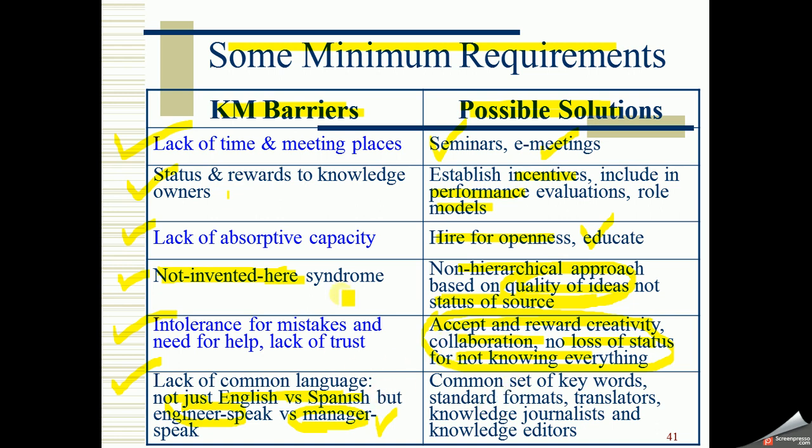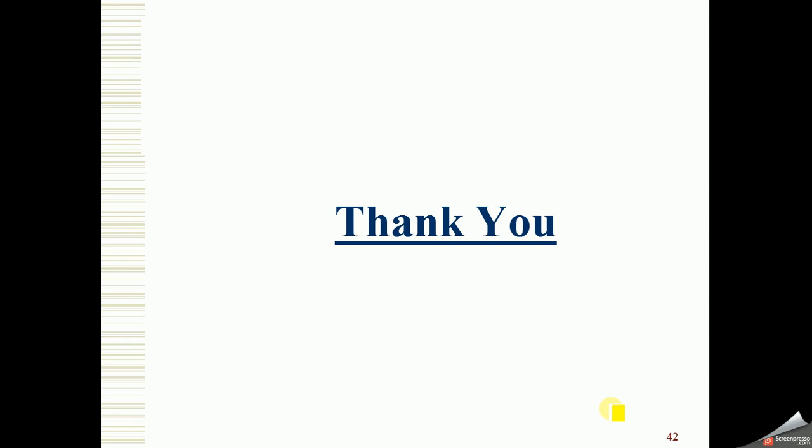So this is a knowledge management barrier. A possible solution is a common set of keywords, standard formats, translators, knowledge journalists, and knowledge editors that can help in finding a common platform for all the people.